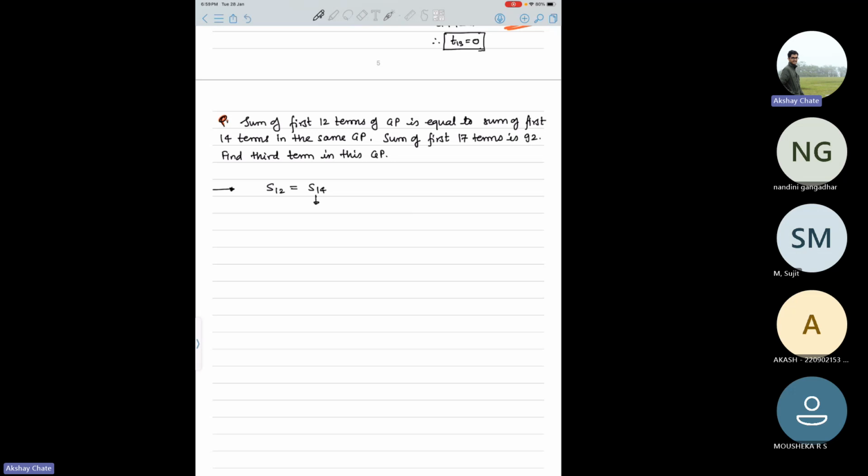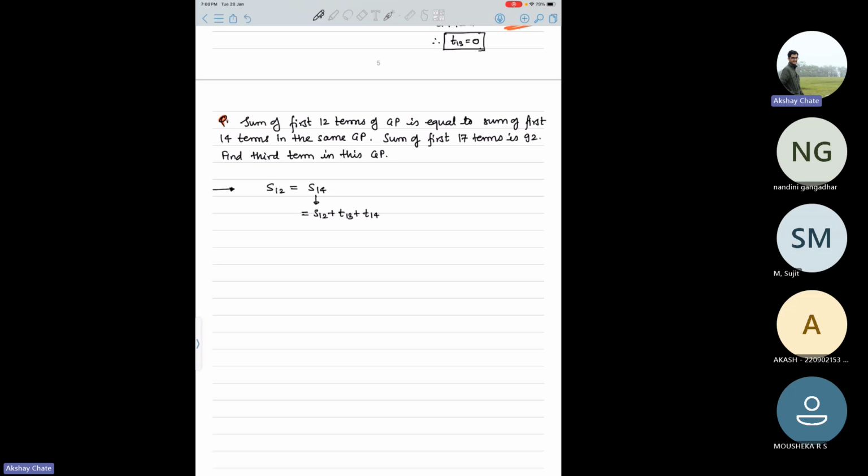Either it should increase or decrease, but they are saying it is like this for this GP. The trick here is you can write S14 as the sum up to 12 and then the 13th and 14th terms.